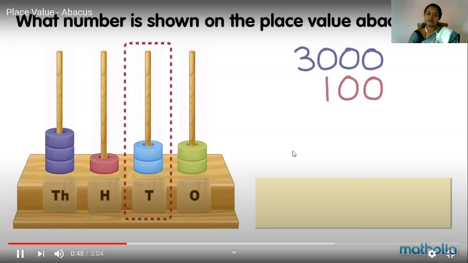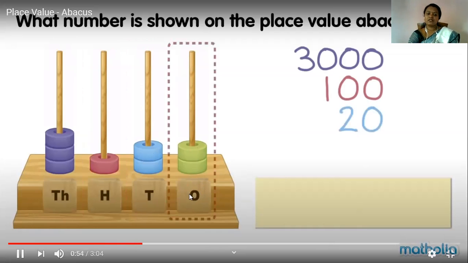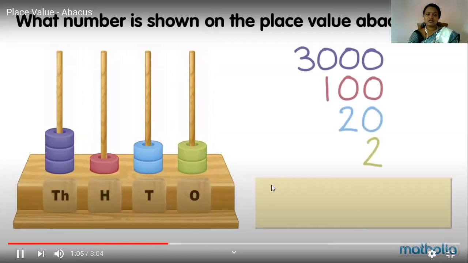So the beads' value is 20. Finally, we have the ones place, we have 2 beads in the spike. So the beads' value is 2. Finally, the number as such is formed as 3122. Isn't that so simple and easy?